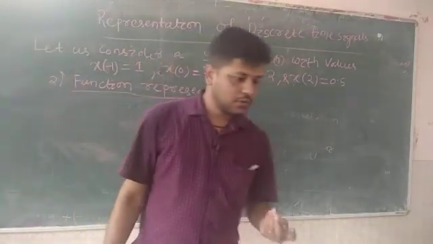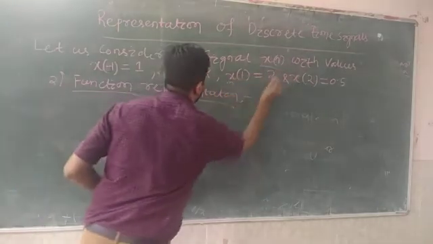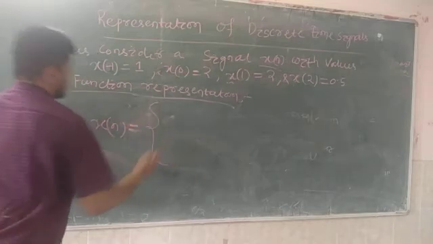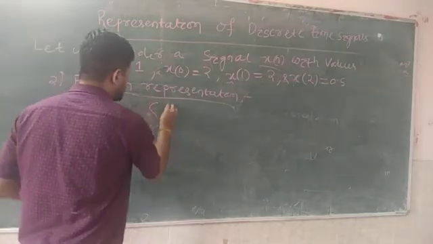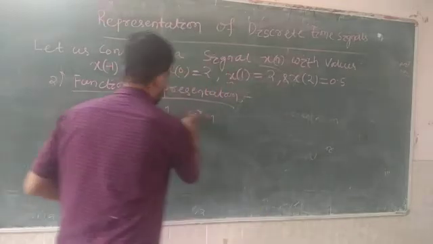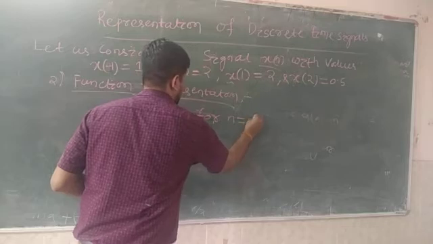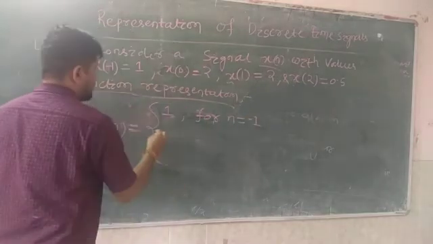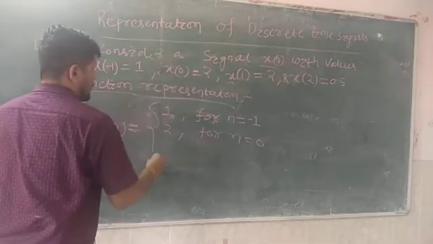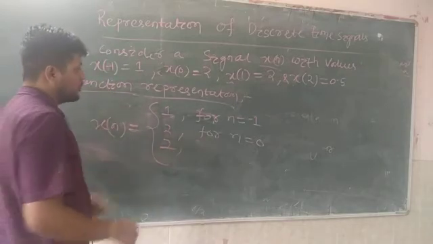Obviously we have to define the function. Here the function is x[n]. x[n] is equal to 1 for n equal to -1, and x[n] is 2 for n equal to 0 and n equal to 1, that means here I am taking the amplitudes 1, 2, 2.